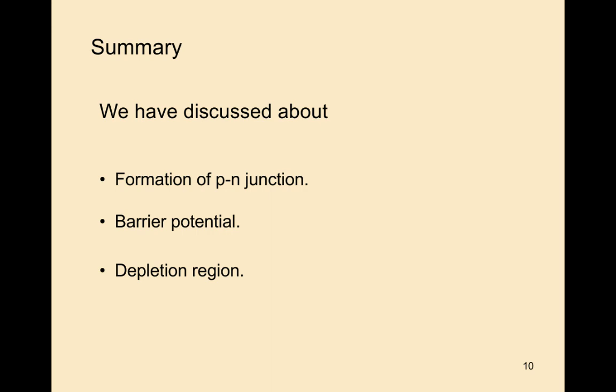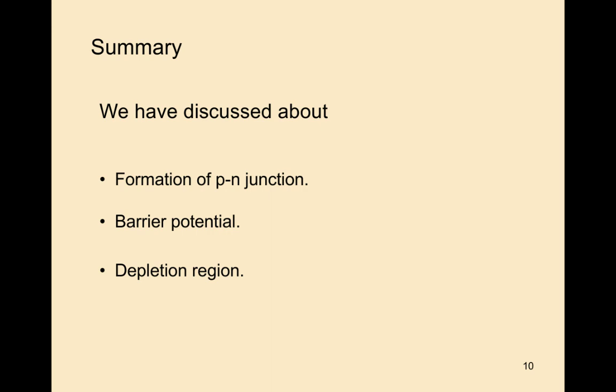So what we studied up to now is how the p-n junction is formed by adding p-type and n-type semiconductors. In p-type semiconductor, majority carriers are the holes and minority are the electrons. In n-type, majority are the electrons, minority are the holes. p is added on the left side and n on the right side.